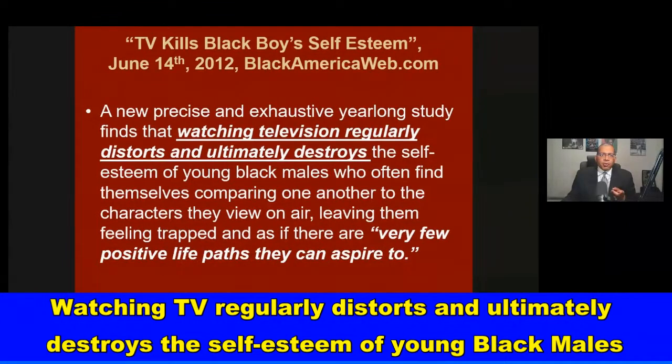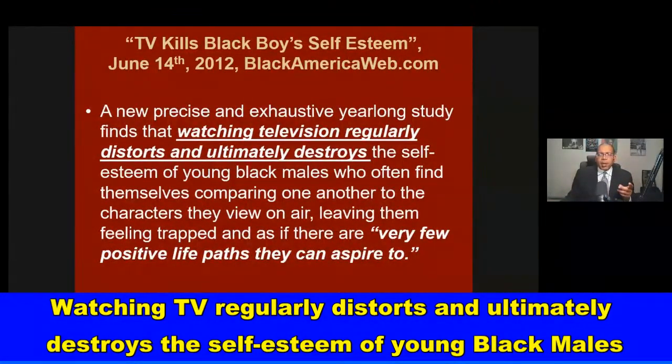Now, this article here from blackamericaweb.com from 2012 dealt with a study that showed how excessive TV watching kills Black boys' self-esteem.